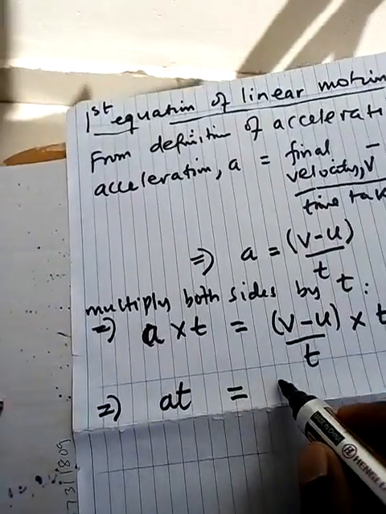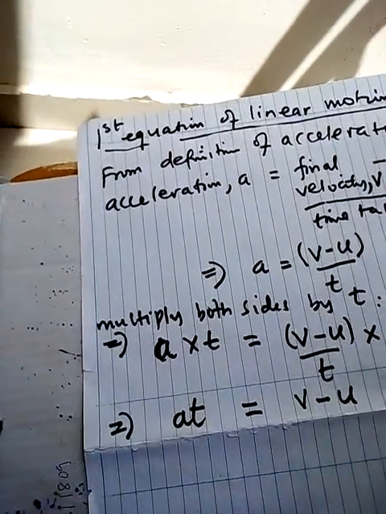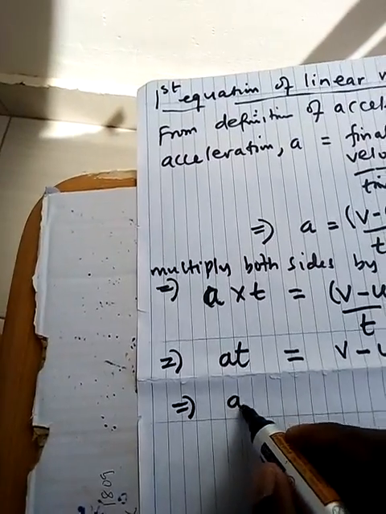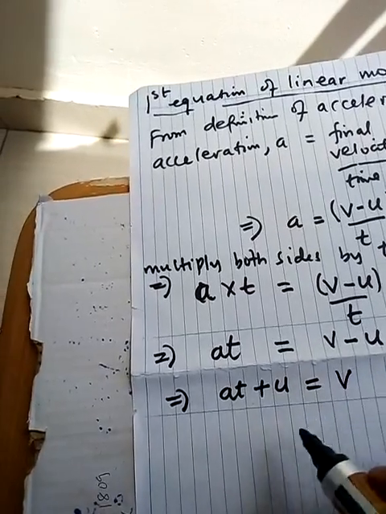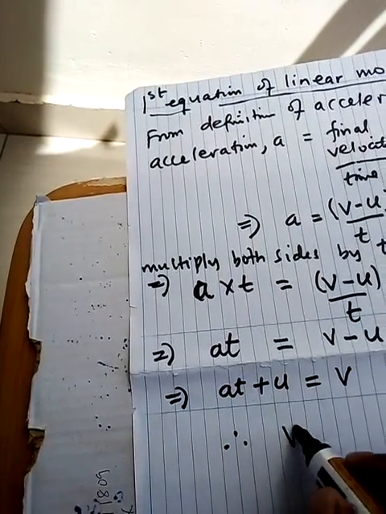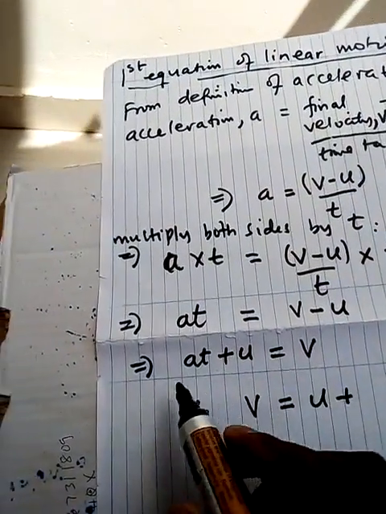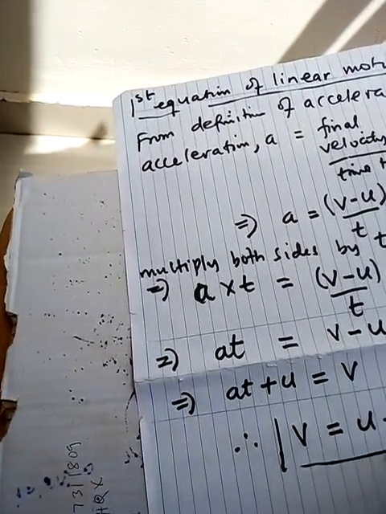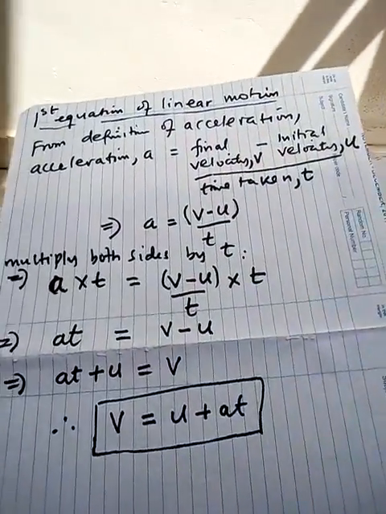On the right hand side, you have v minus u. Now we are going to make v the subject of the formula. So you have at plus u is equal to v. And eventually, we have the expression v is equal to u plus at, and that gives us the first equation of linear motion.